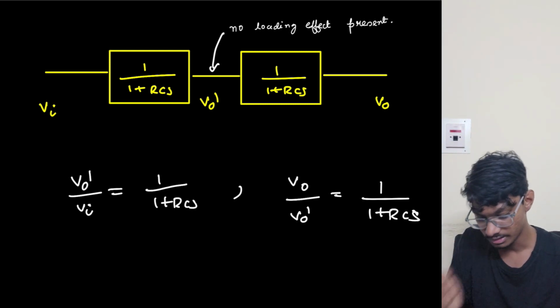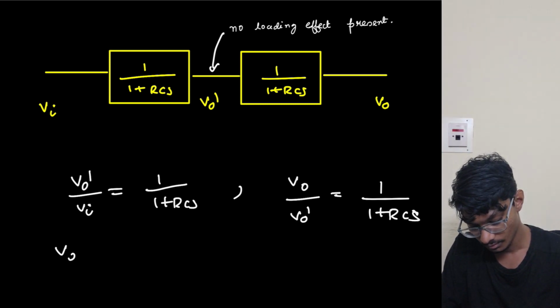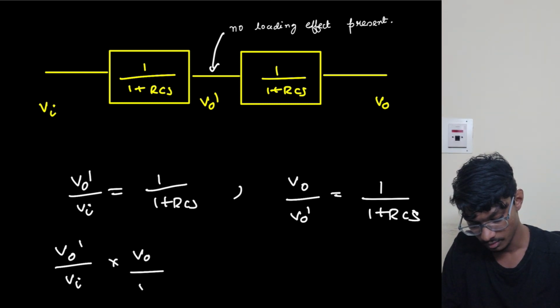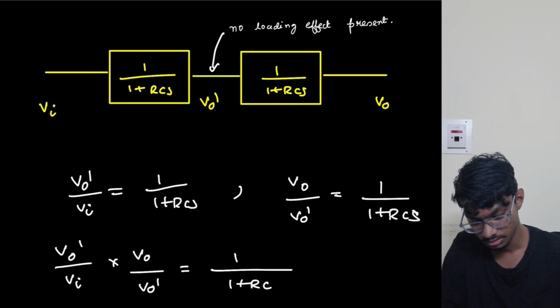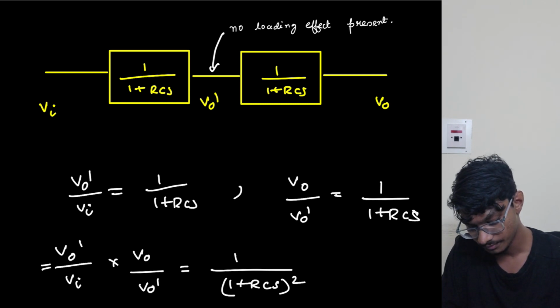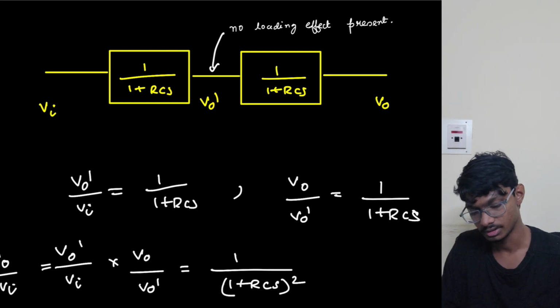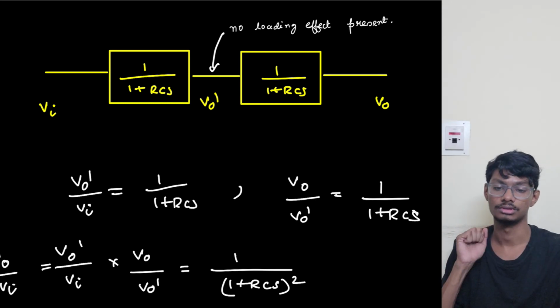So multiplying these two equations, Vo dash over Vi times Vo over Vo dash, we get 1 by (1 plus RCs) whole square, which comes out to be simply Vo by Vi.